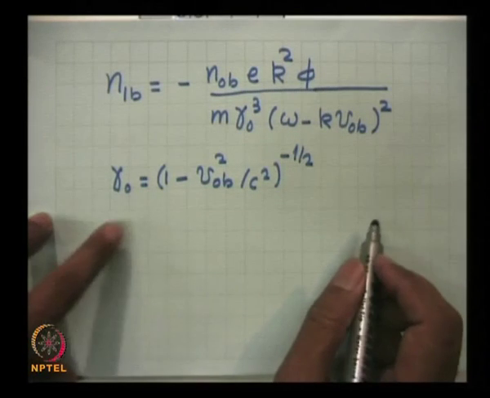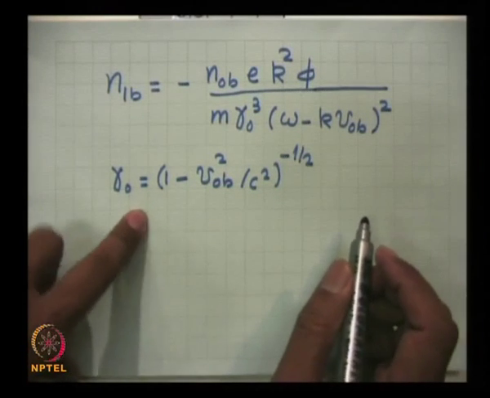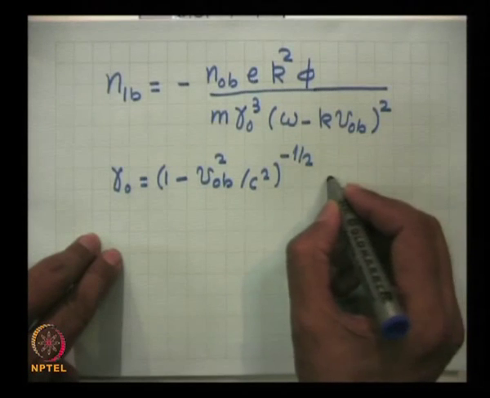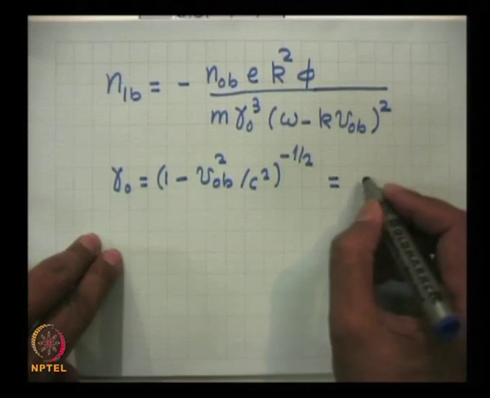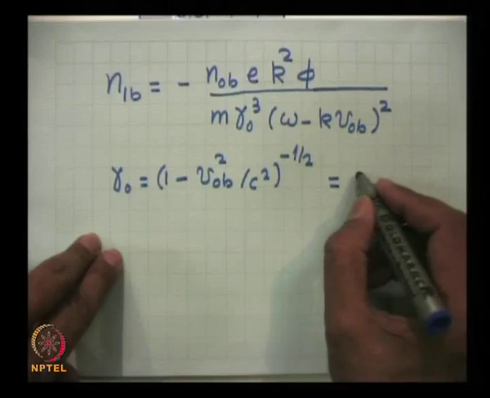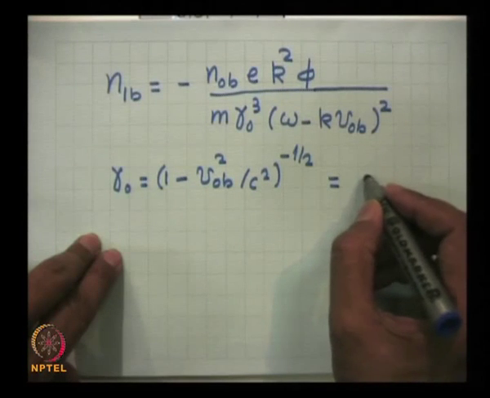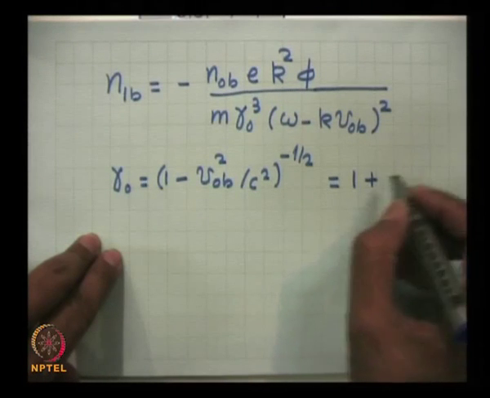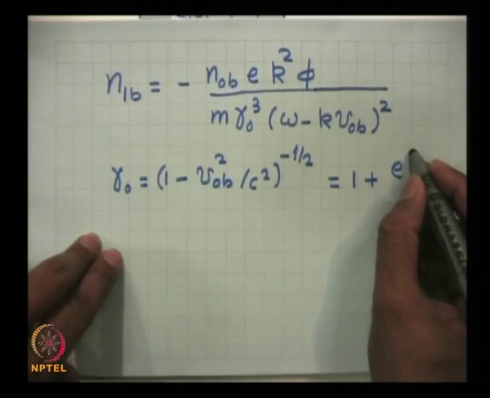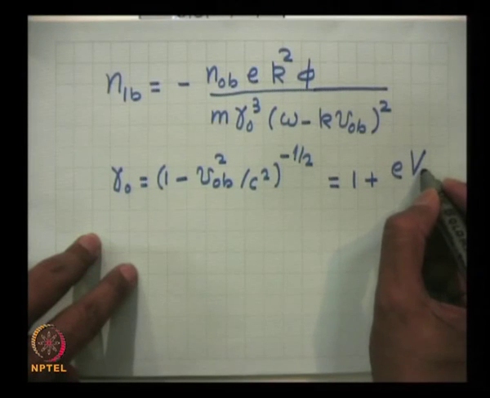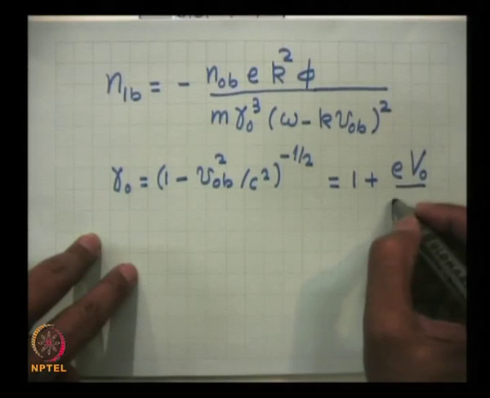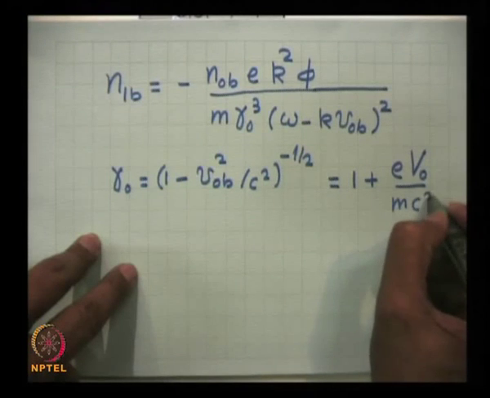And if you want to express this in terms of beam voltage, it turns out to be about 1 plus magnitude of electron charge into accelerating voltage of the gun upon m c square.